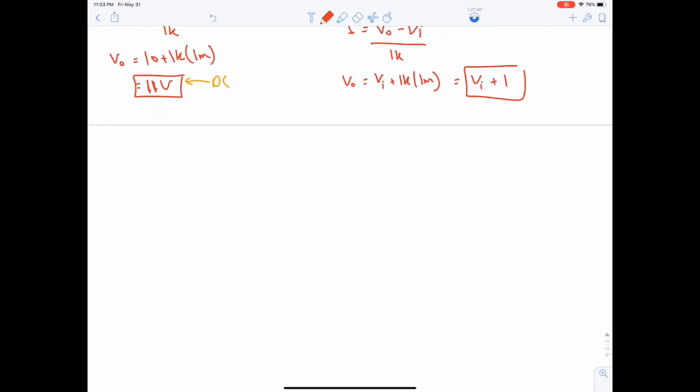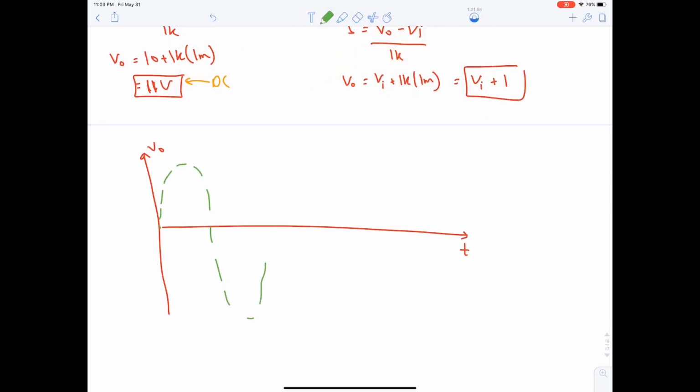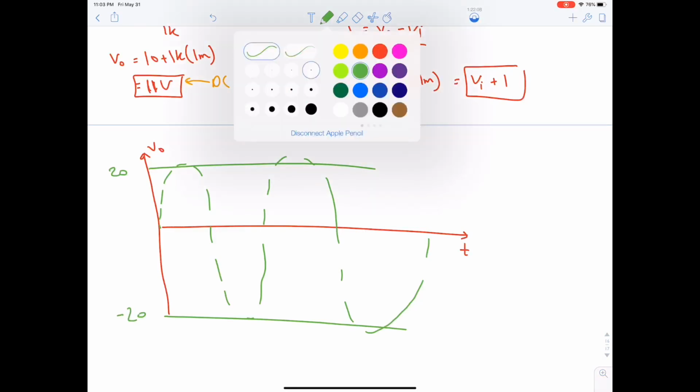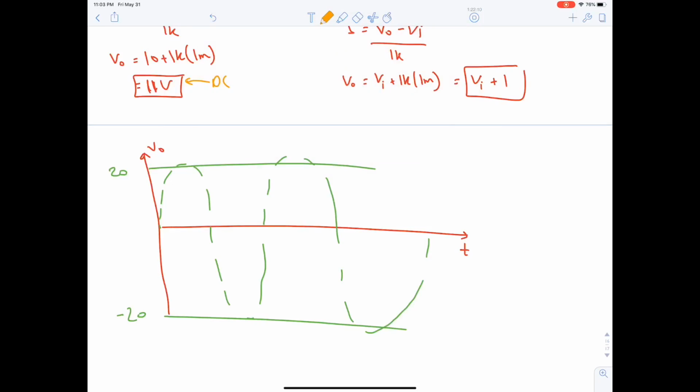Let's now draw the waveform. Time with V output, VI as a reference. Here we are having 20 and minus 20. If VI is positive, then V output is 11 and it's DC. So we have to crop.